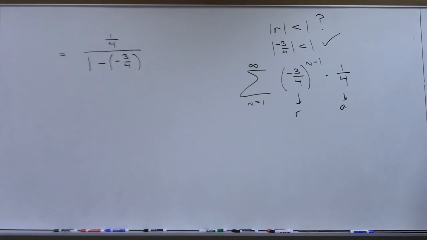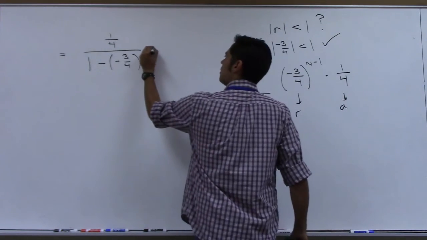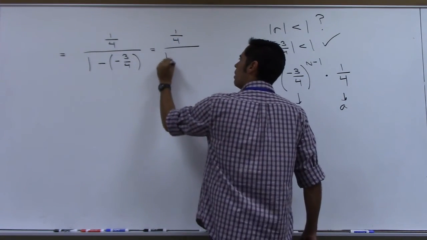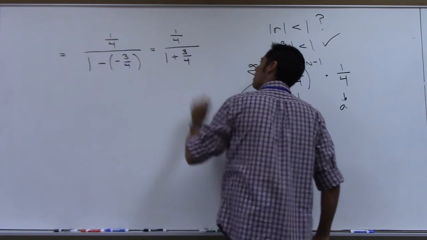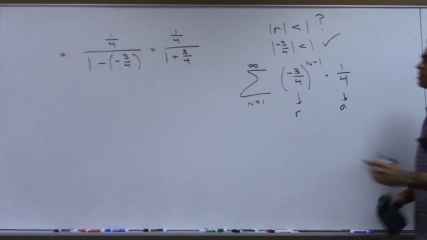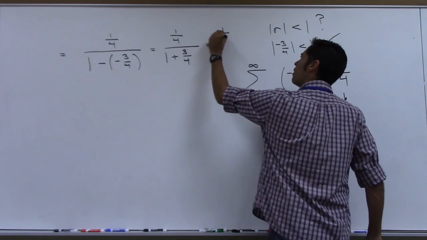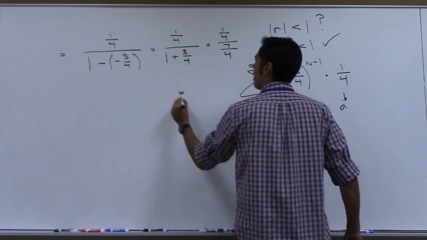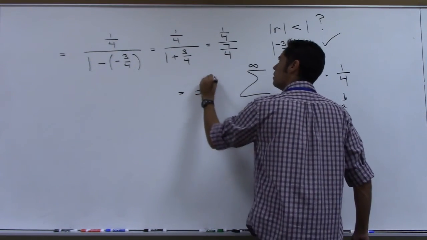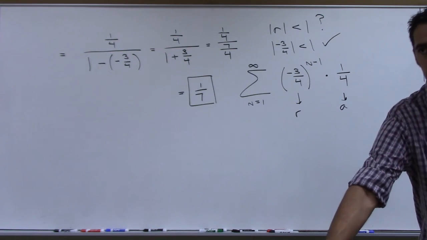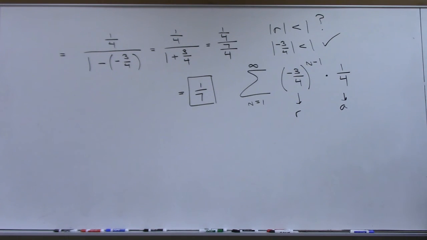Now we have to clean that up. I mean, that is an answer, but this is just a complex fraction. We can clean it up. 1 plus 3/4. Get a common denominator on the bottom. 7/4. So 1/4 over 7/4 is 1/7. That's it.